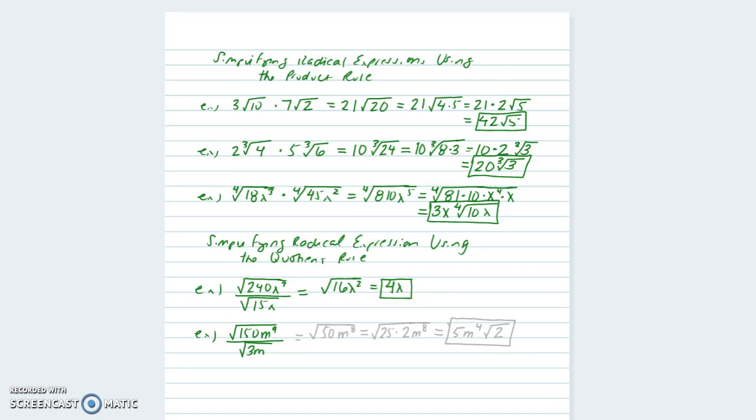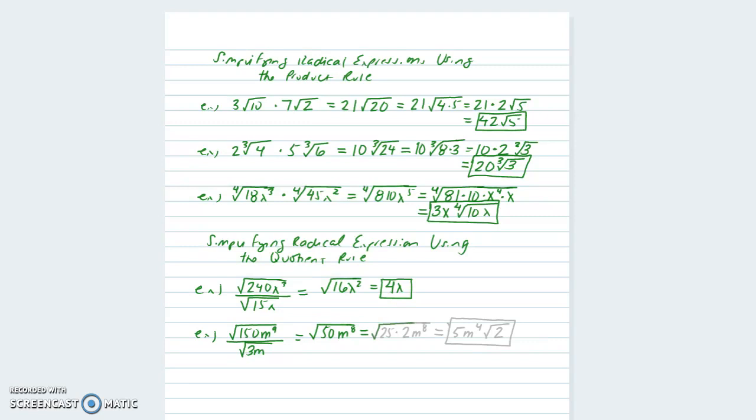So 150 divided by 3 is going to give us 50. And m to the 9th divided by m is going to give us m to the 8th. So 50 is not a perfect square. That means we have to break it down. Well, the perfect square within 50 is 25. So 25 times 2 is going to give us 50.